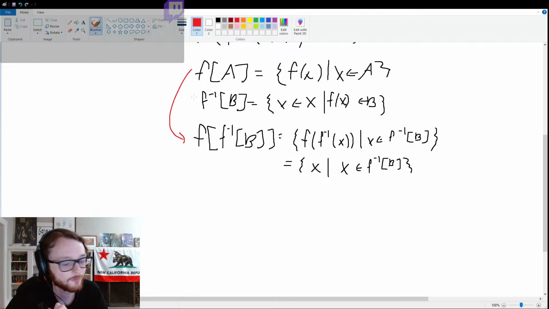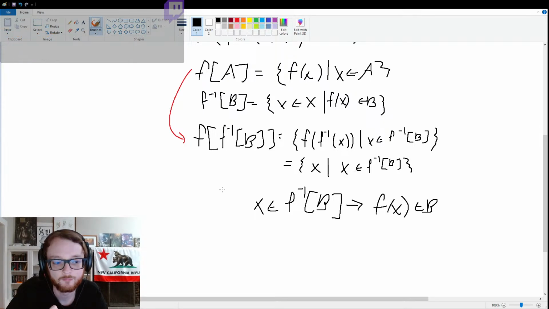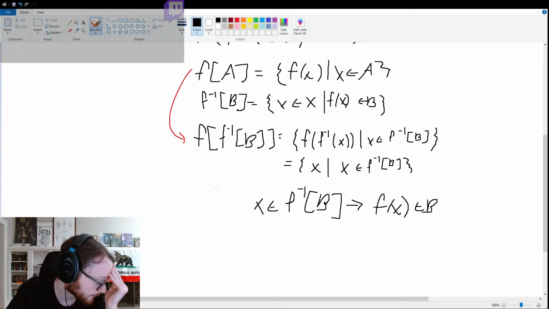You got a hint that was x belonging to f inverse B implies f of x belongs to B. Some points in B may not be mapped to by the function f.